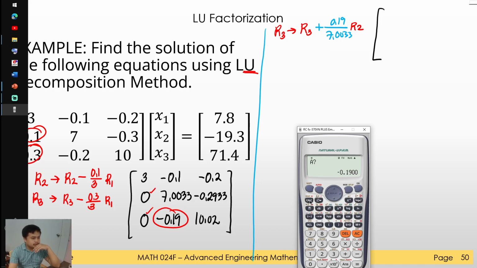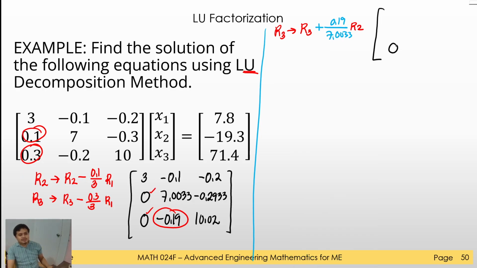So calc is okay, that is right. 7.0033. Okay, I found it. So this will be 0, so 0 and 0.